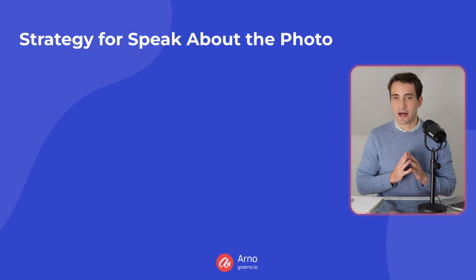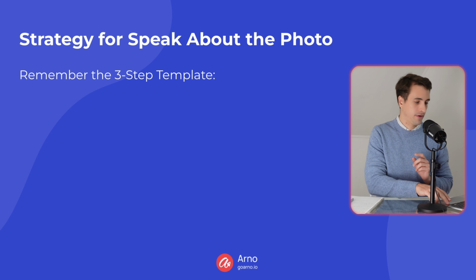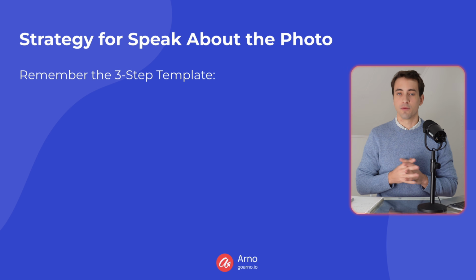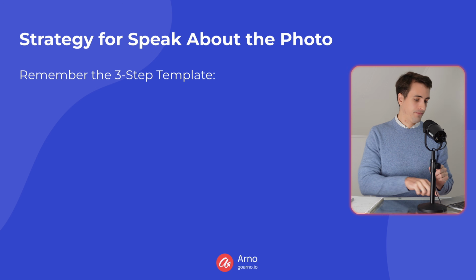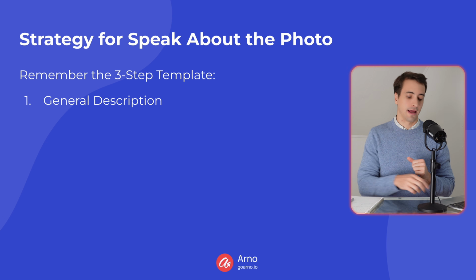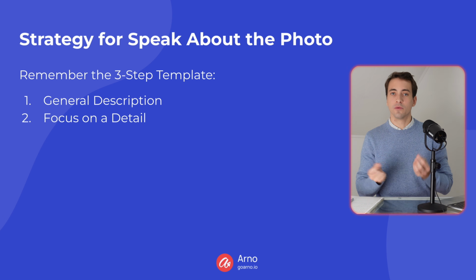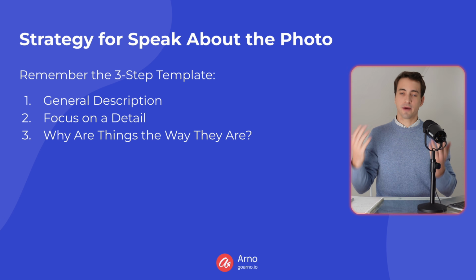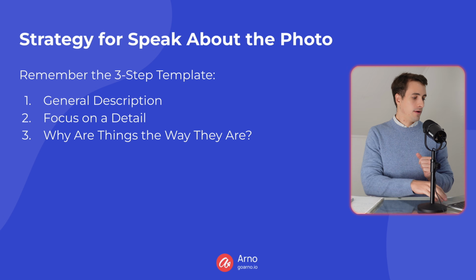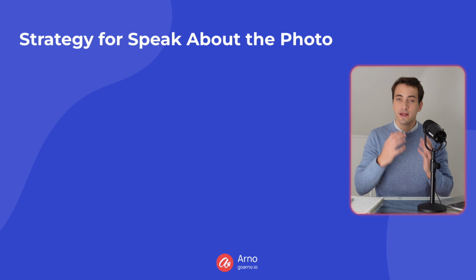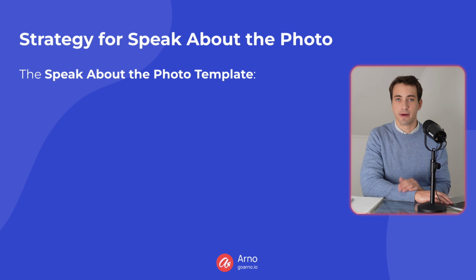So here is the strategy for Speak About the Photo. Let's recall the 3-step template that we covered for Write About the Photo. The first step is a general description of the image. Then we zoomed in on a detail, and then we speculated about why things are the way they are. We are going to adapt this template for Speak About the Photo.